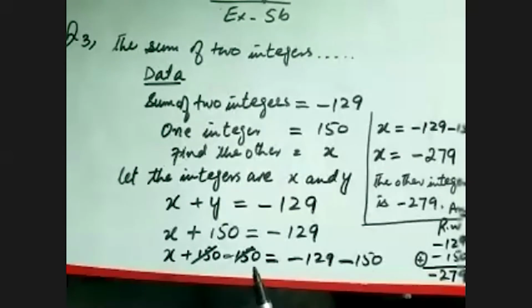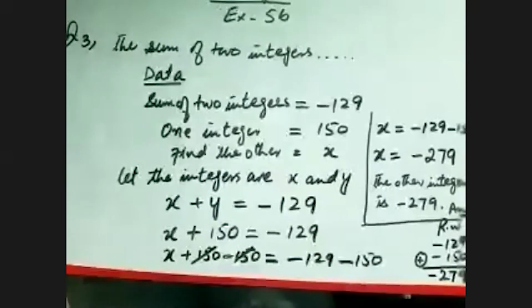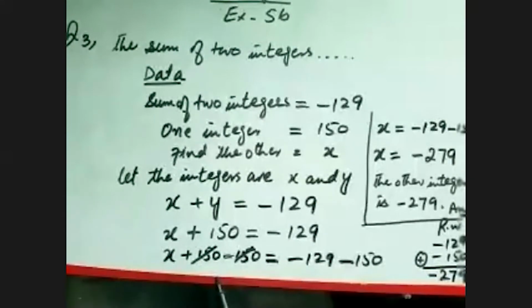Whenever in an equation which has an equality sign you have to add or subtract some quantity, you will do the same operation towards both sides of the equation, the left hand side and the right hand side. Here you are going to subtract 150 from the left hand side, so you will do the same towards the right hand side.